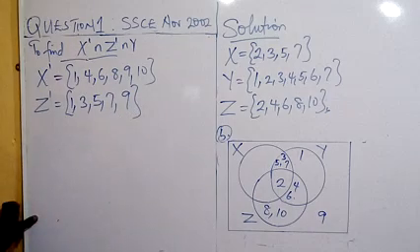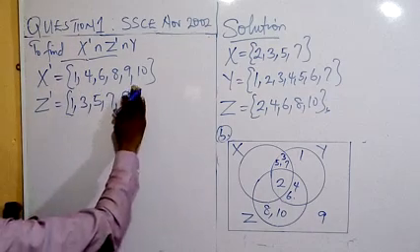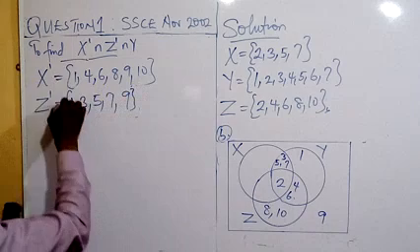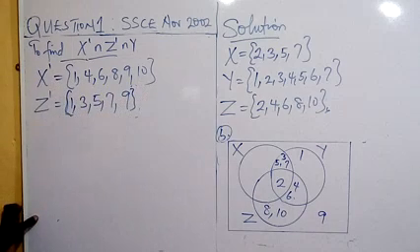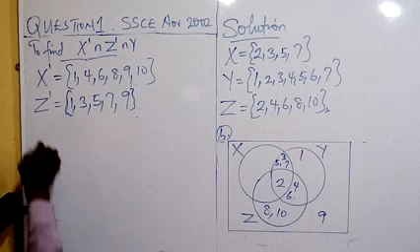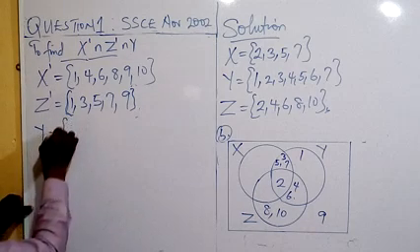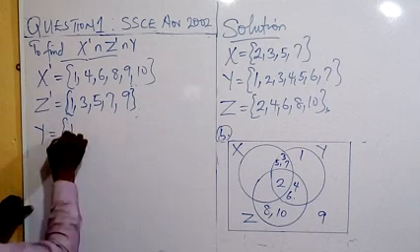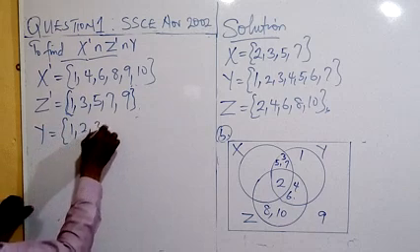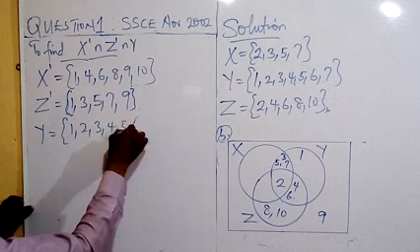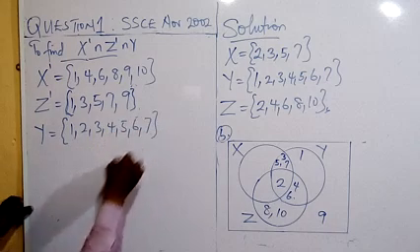This is our Z prime. All right. Now, what about the value of Y? The elements we have in Y are 1, 2, 3, 4, 5, 6, and 7.